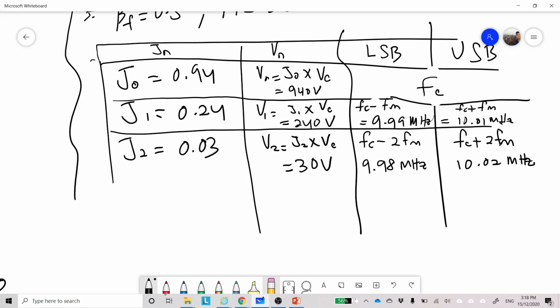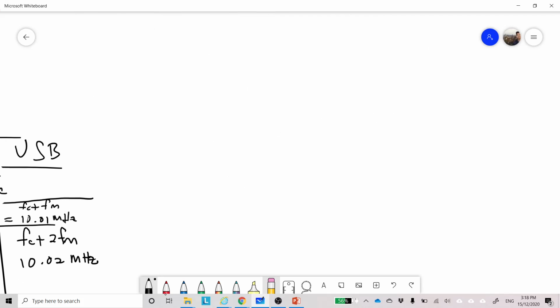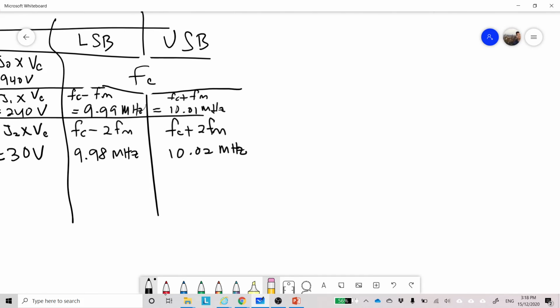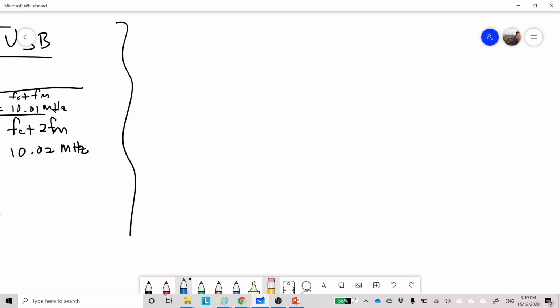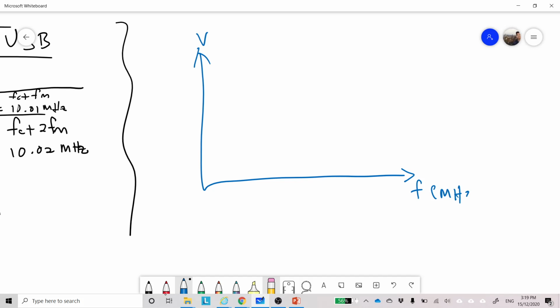So from here you can draw the amplitude spectrum. Daripada table ini barulah you boleh lukis dengan mudah amplitude spectrum. Remember amplitude spectrum, dia punya lukisannya adalah voltage versus frequency, f in terms of megahertz. So you can draw here is the J0.